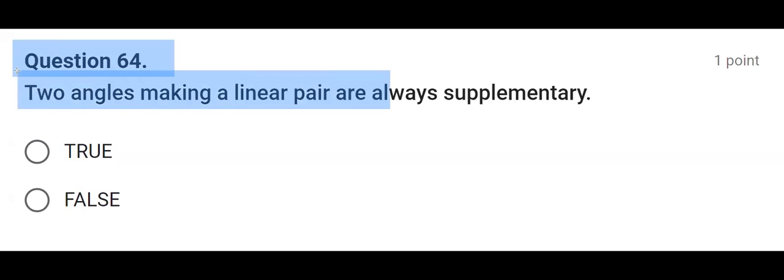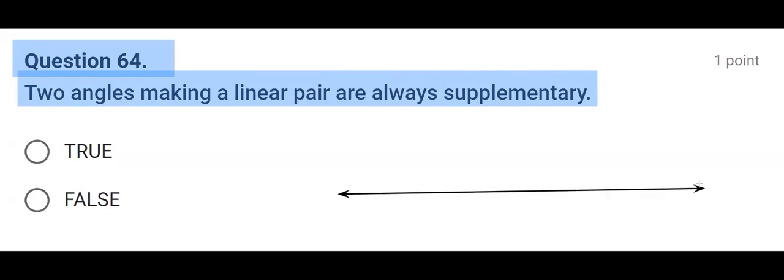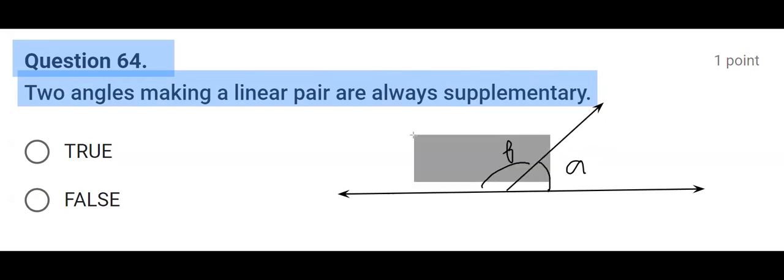In the next question, that is 64, it says two angles making a linear pair are always supplementary. Let's check. For example, if I make a straight line and let's make another angle. If I take this angle and this angle, say A and B. As you can see, the sum of these two angles is 180 degrees, so it's forming a linear pair.